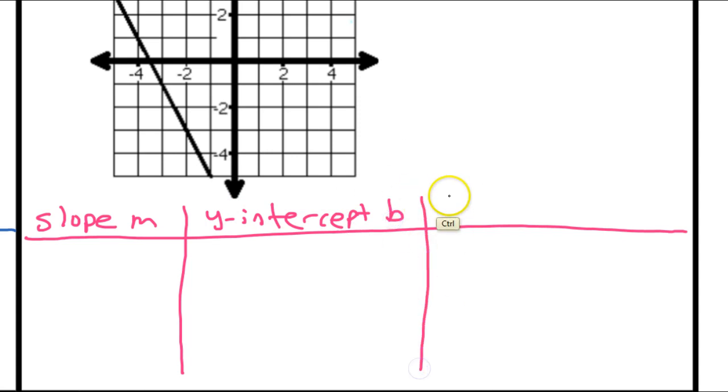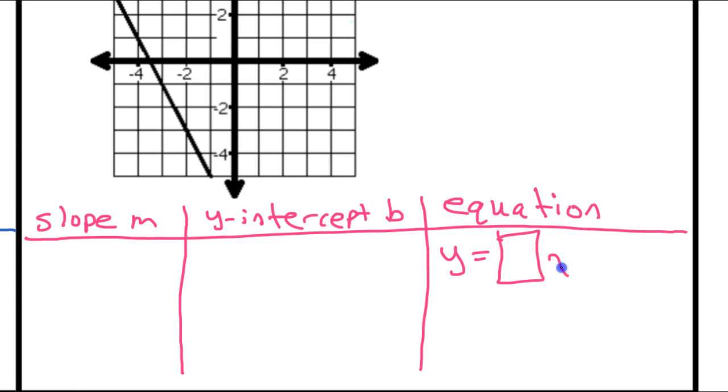And then I will write the equation. And the equation goes y equals something x plus something, where the first box is the slope and the second box is the y-intercept.